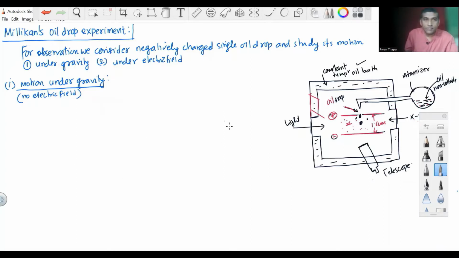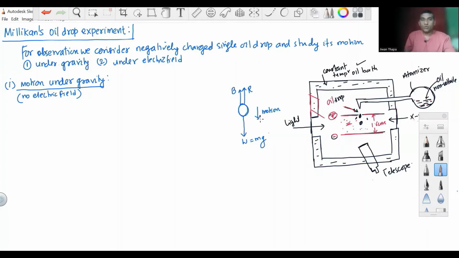Now what we find, as the oil drop moves in the presence of gravity, suppose this is the oil drop falling under the influence of gravity, so we find the weight of the oil drop acting vertically downward, and since the motion of the oil drop is downward, the resisting force, that is R, acts opposite to the motion, and the buoyant force acts opposite to the weight.